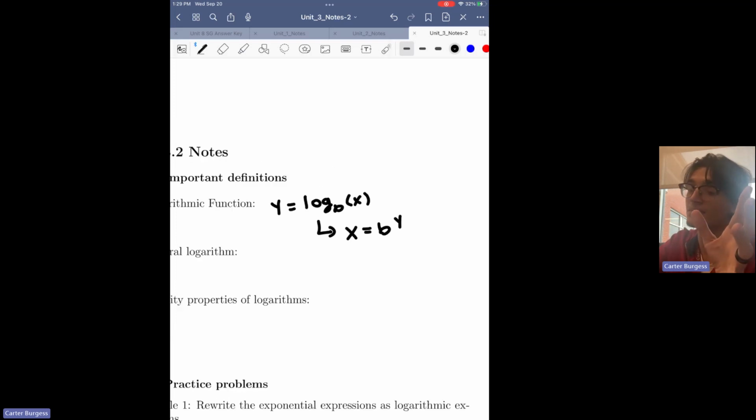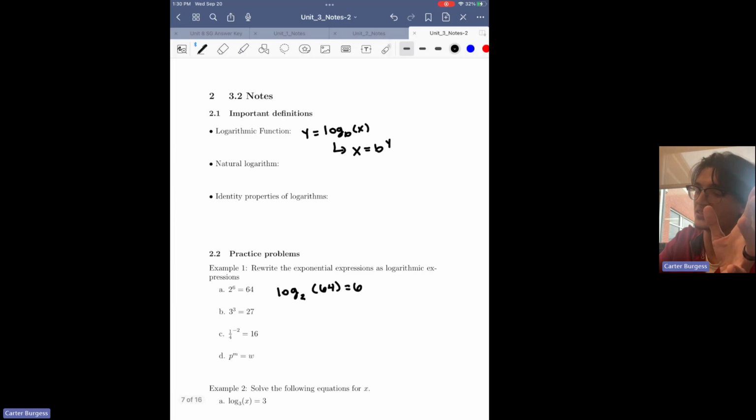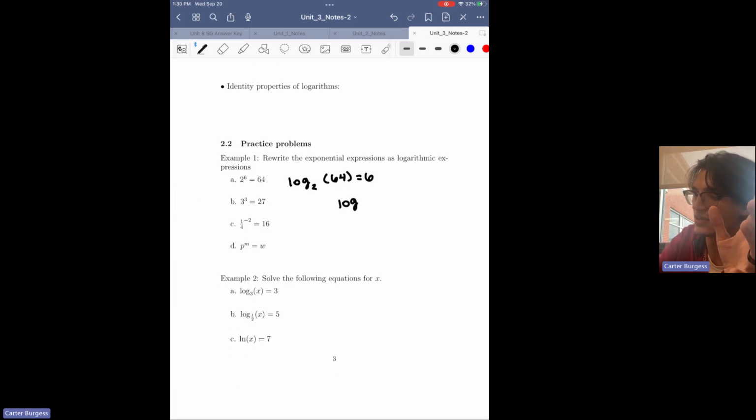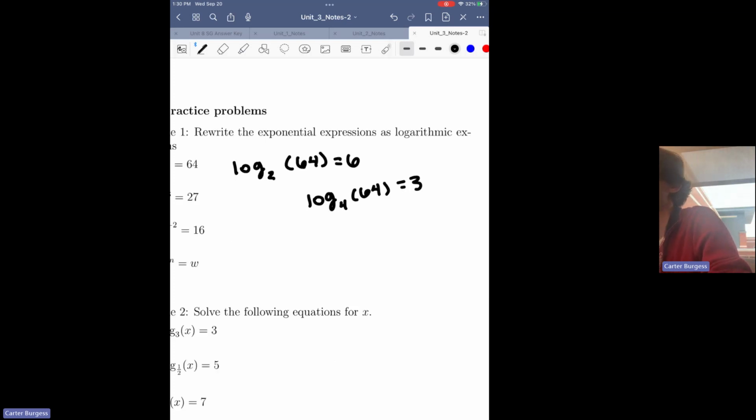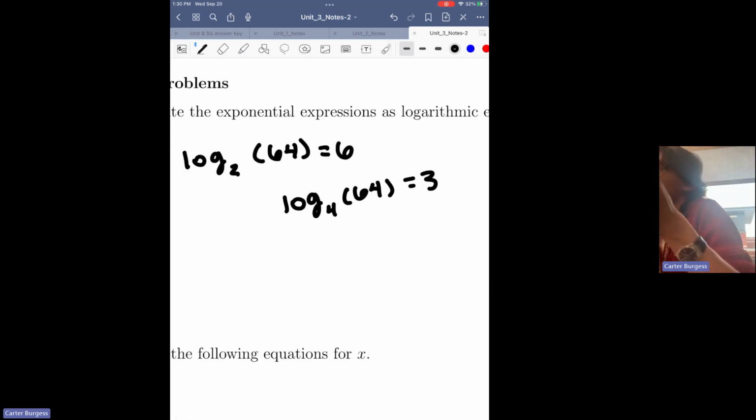So for instance, I would get something different if I plugged in, let's say, log base 4 of 64, right? So 64 isn't our power here, but we're asking kind of a similar question, but our base is different. What power do I have to raise 4 to equal 64? There is still an answer. This would be 3. 4 to the power of 3 is 64. The exponent changes, but that's just because we're looking at a different base, a different machine.